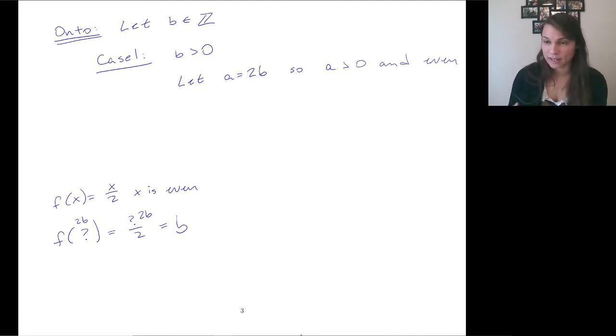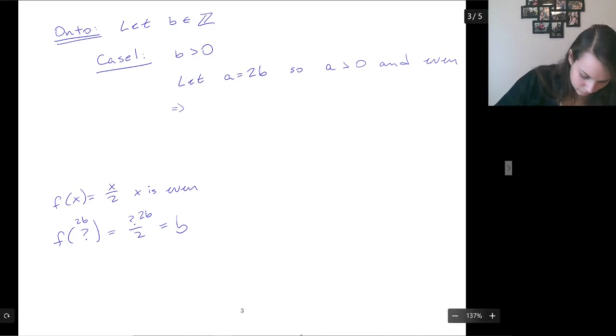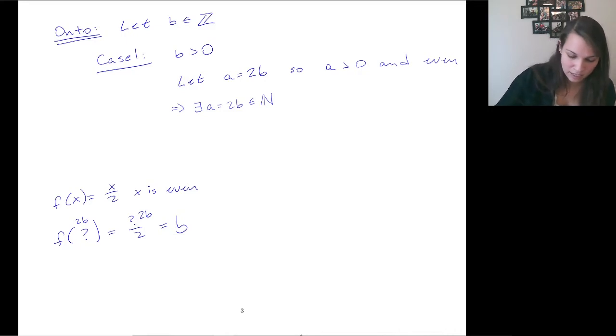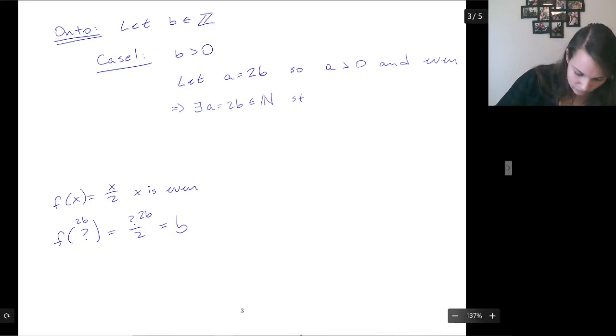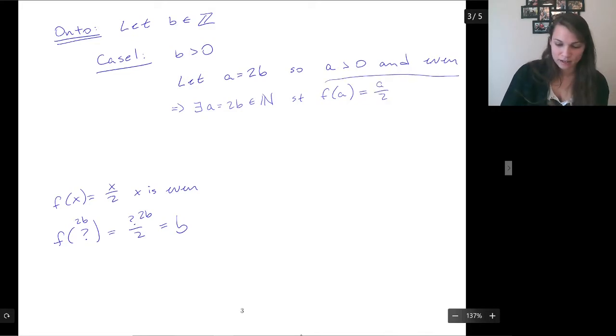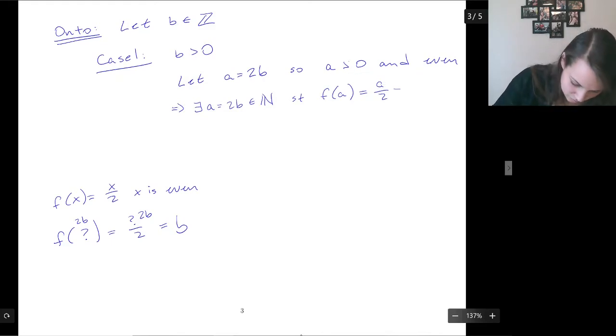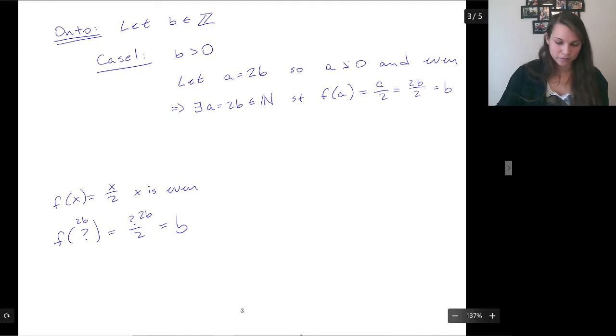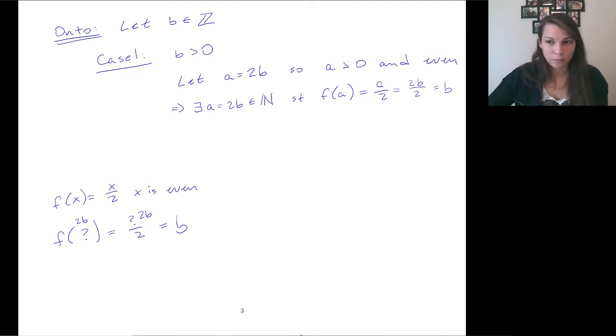So if a is a positive and even number, then there exists a equal to 2b. Since it is positive, that means it's a positive integer, that means it's a natural number, such that f of a is equal to a over 2, because, again, a is a positive even. So that is going to be, we decided a was equal to 2b, so f of a equals b. There we go. So there we found it.